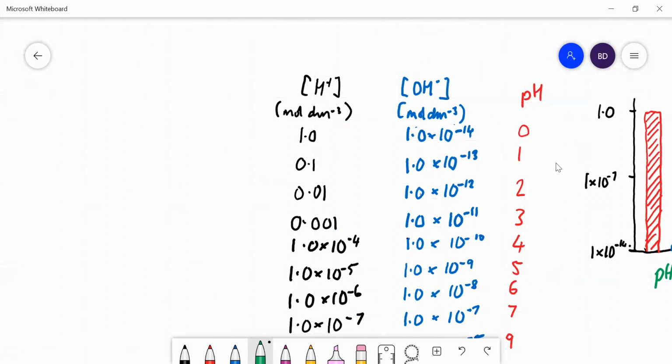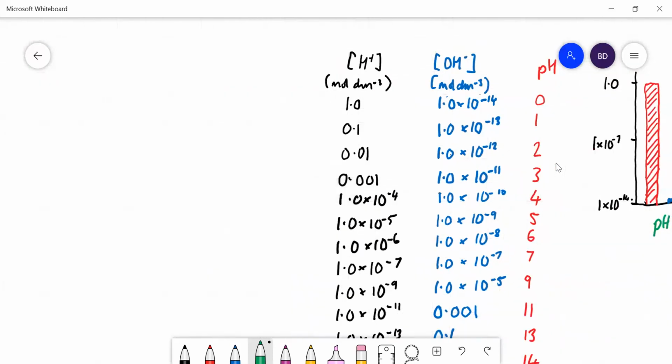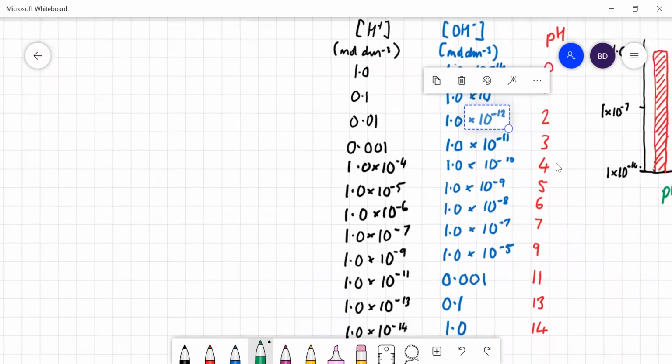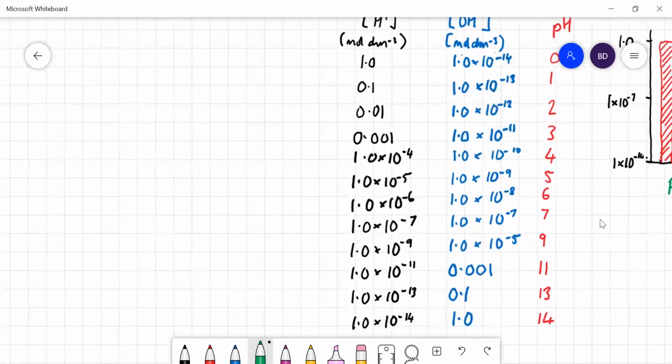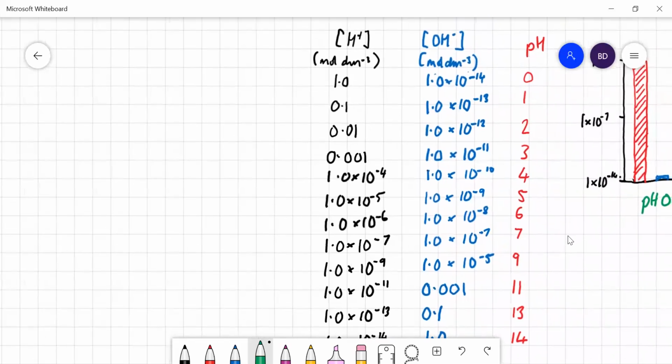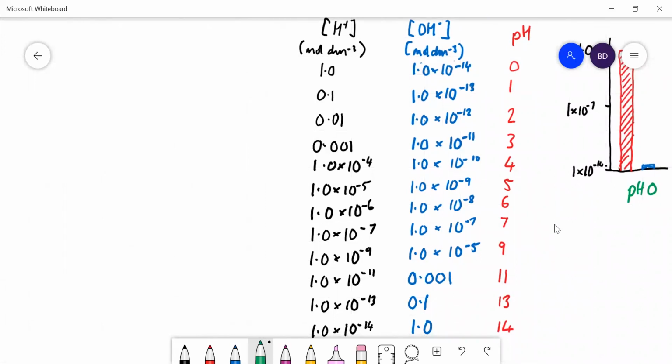Right, so we can see here in the black column we've got H plus concentration and OH minus concentration. When you've got a high concentration of H plus, such as in a solution of hydrochloric acid, we can see the concentration of OH minus is absolutely tiny.